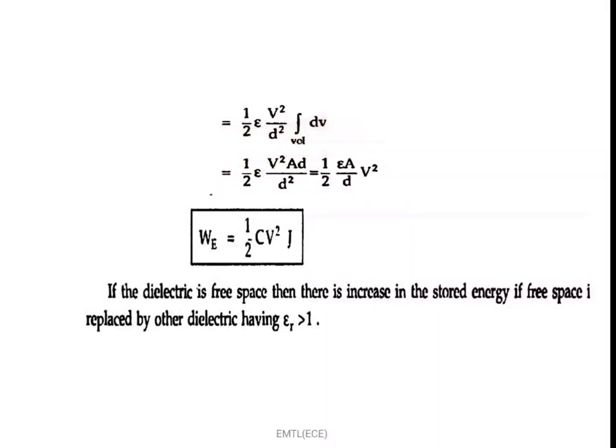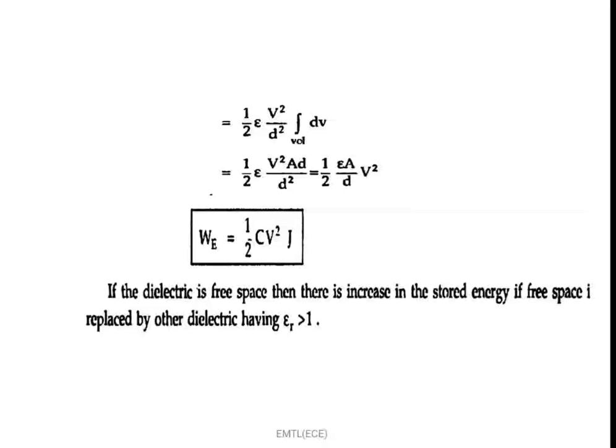Finally 1 by 2 epsilon V square by d square times the volume integral of dv. So here the integral and differential are cancelled. Now volume we have to express as area into the distance between the plates. So in place of v, here we write A into d, which is the expression for the volume of the parallel plate.